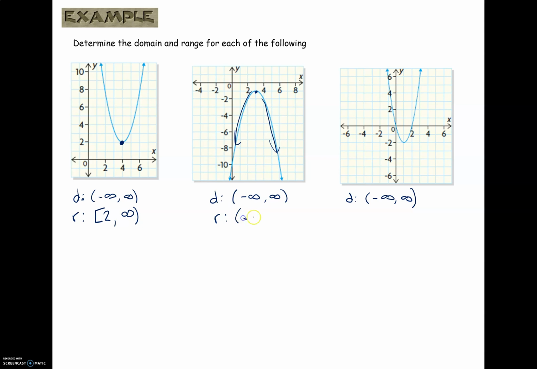So my lowest number I start off with is negative infinity, my highest value is -1, so then I end with -1, closed bracket. For the example on the right, my lowest point is -2, and my highest point goes on forever to positive infinity. There are my domain and ranges.